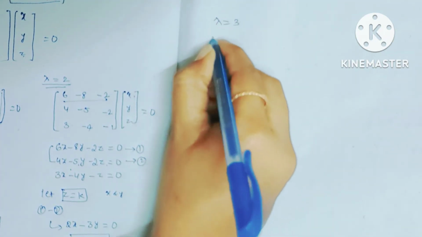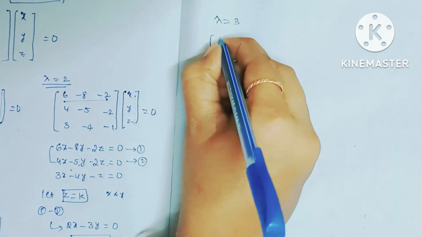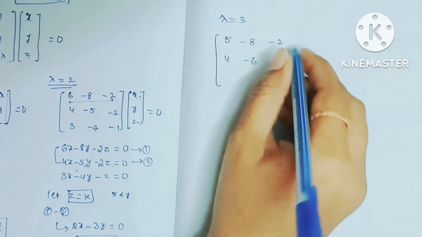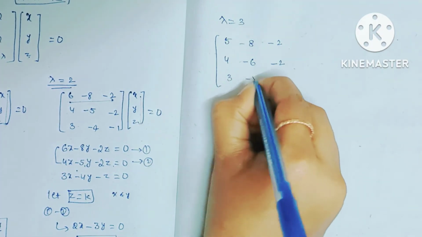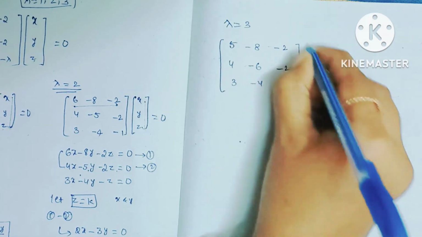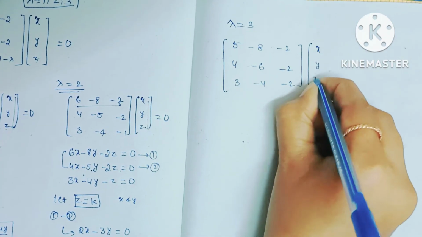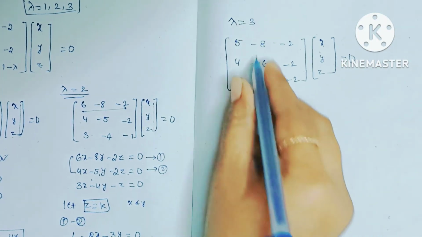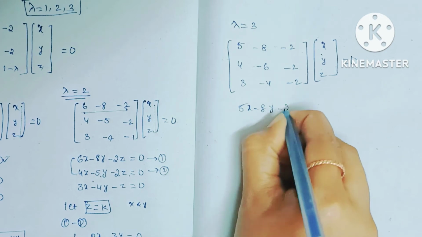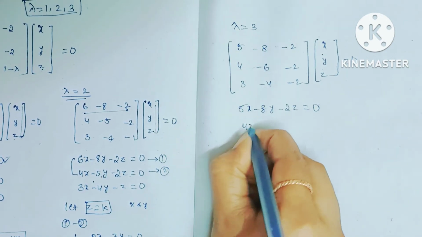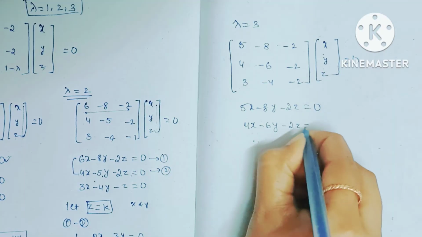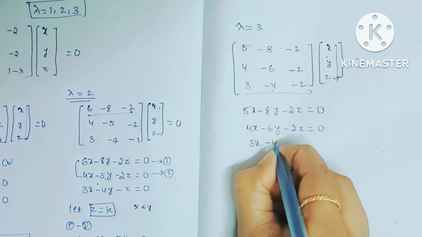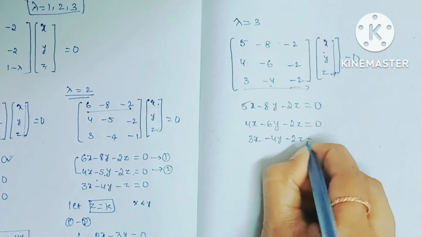So I am substituting in that matrix 8 minus 3, minus 8, minus 2, 4, minus 3, minus 6 minus 3, minus 2, 3, minus 4, 1 minus 3, times x, y, z, which is equal to 0. Again I am writing the equations: 5x minus 8y minus 2z equal to 0, 4x minus 6y minus 2z equal to 0, and 3x minus 4y minus 2z equal to 0.